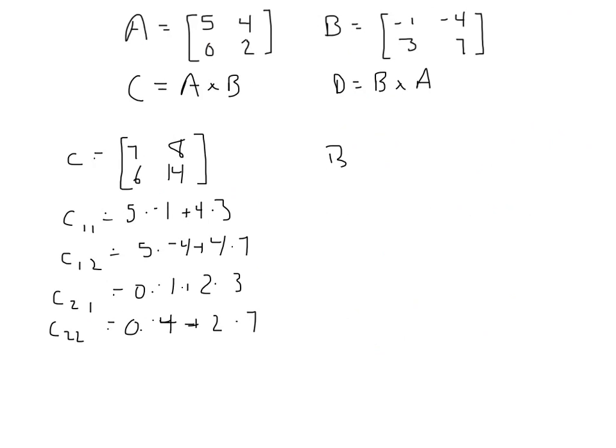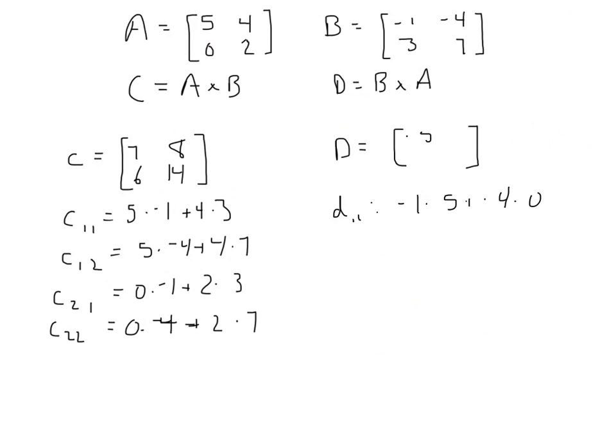And then we can calculate D. Oops, D, not B. And again, D will be 2 by 2. So we'll have D11 will be -1 times 5 plus -4 times 0 is going to be -5. And D12 we will have -1 times 4 plus -4 times 2, that would be -4 plus -8 will be -12.